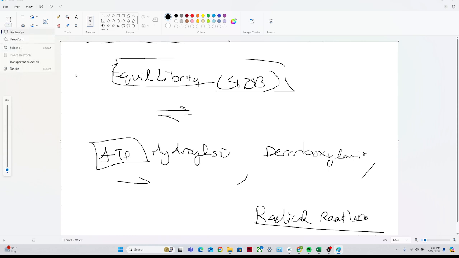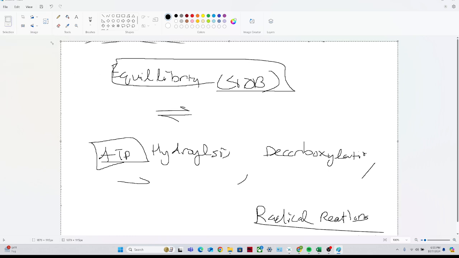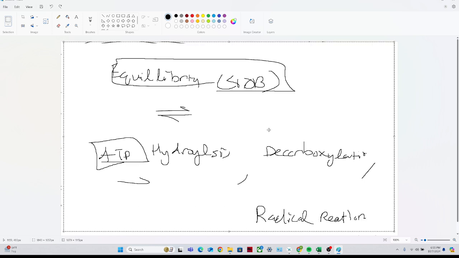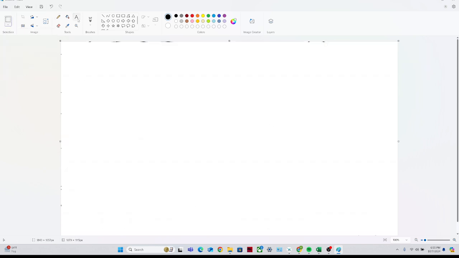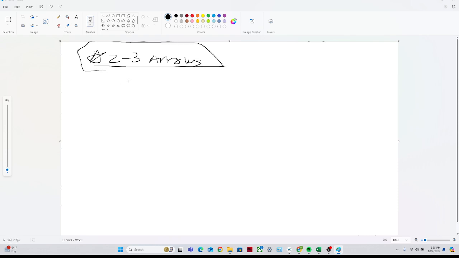That's it for that. Your very final thing you should kind of know is arrow pushing. Realistically, that means 2 to 3 arrows per push, as a general rule of thumb.